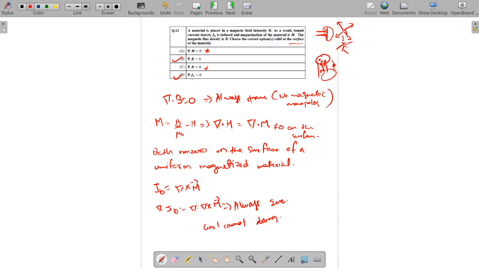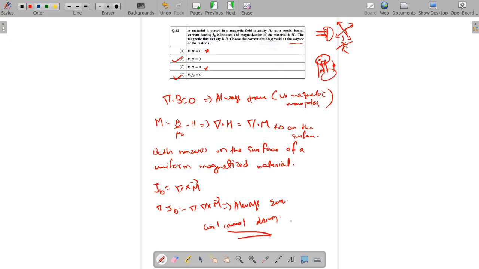What about the last option, del dot JB? JB is the bound current density, which is given by JB equals curl M. So taking the divergence, del dot curl of M, is again always zero, due to the fact that the divergence of a curl is always zero. So a curl cannot diverge.